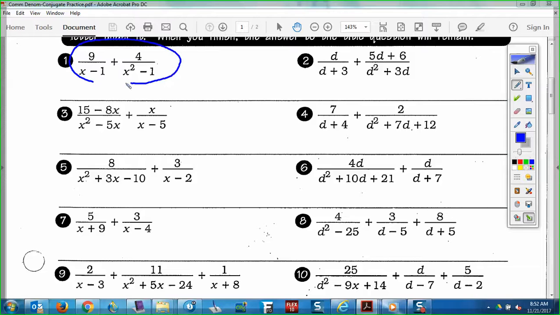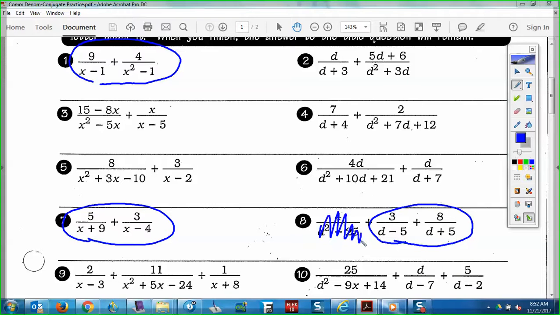Put those together, bow tie those, and bow tie those. I think those would be pretty good ones to do. These other ones are kind of different, not probably the way we would do it. Oh, and right here, just bow tie those. Forget this part right here. If you want a little practice on that, you can jot those 3 down.